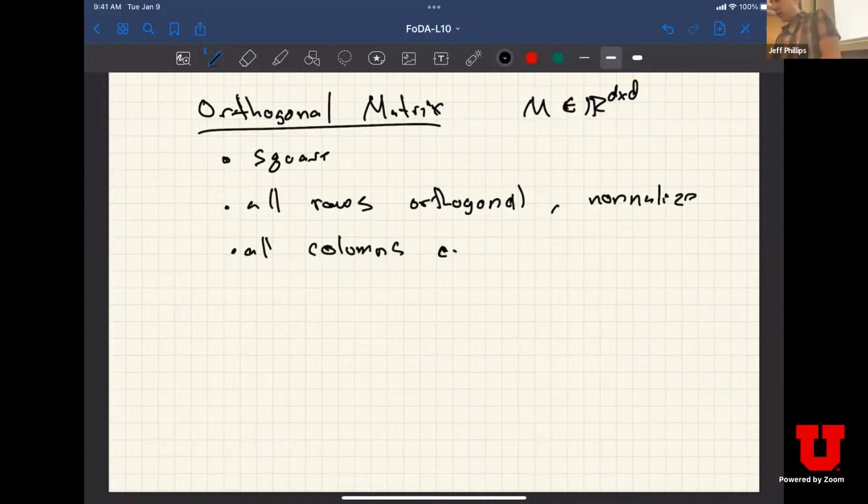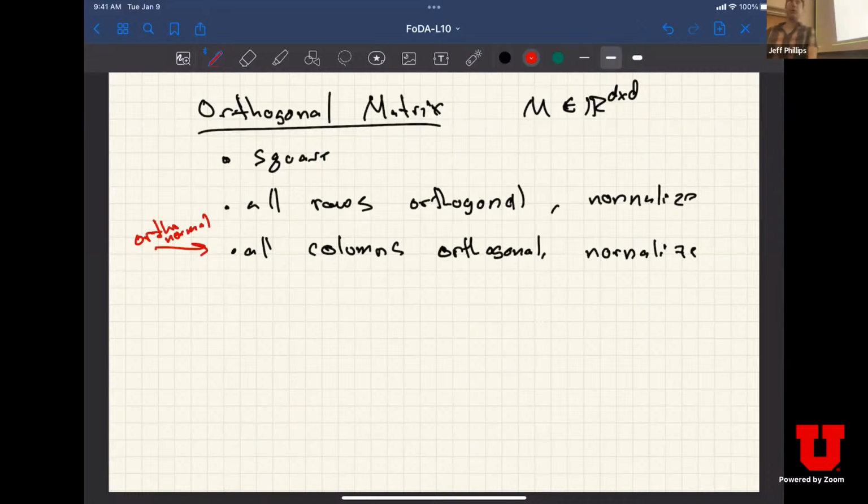All columns are also going to be orthogonal and normalized. If it was orthonormal, then I would just have this property. But if it's orthogonal, then I have both. And so then it has to be a square matrix as well.